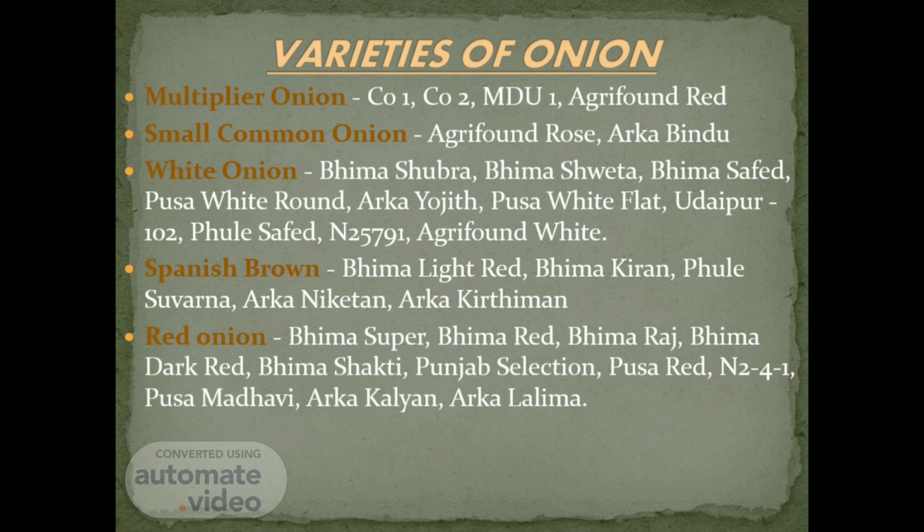Third, white onion, which include Bhima shubra, Bhima shweta, Bhima safed, etc. Fourth, Spanish brown, which include Bhima light red, Bhima kiran, Phule suvarna, Arka niketan, Arka kirthiman. Fifth, red onion, which include Bhima super, Bhima red, Bhima raj, Bhima dark red, Bhima shakti, etc.